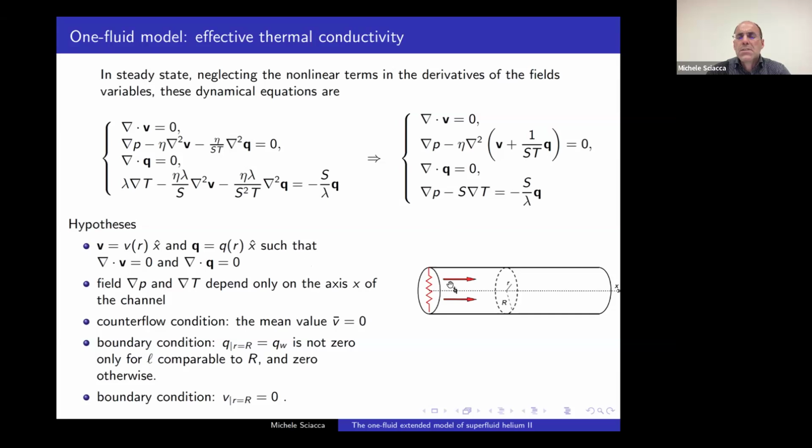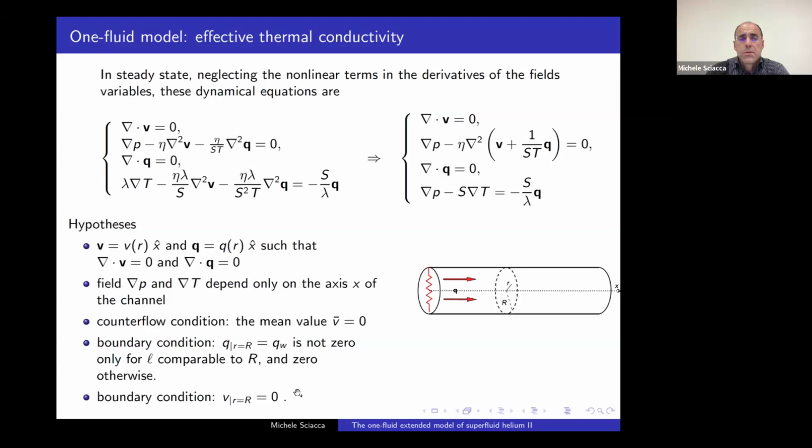Let's consider this very easy cylinder with the heater on one side, in cylindrical coordinates. The heat flux is towards the x axis, so the gradient of P and gradient of T depend only on the axis. I want to stress that since the local thermal conductivity, which is a local quantity, is suspected to be quite high, we can drop this term, which we recognize as the London expression here.